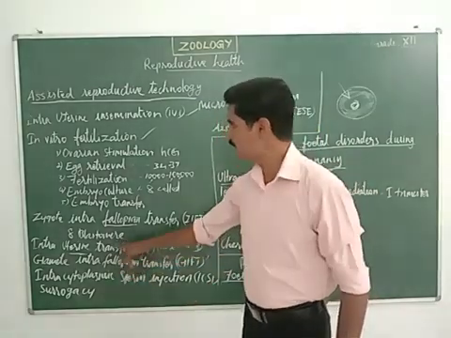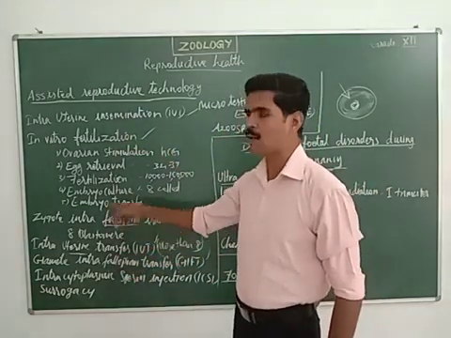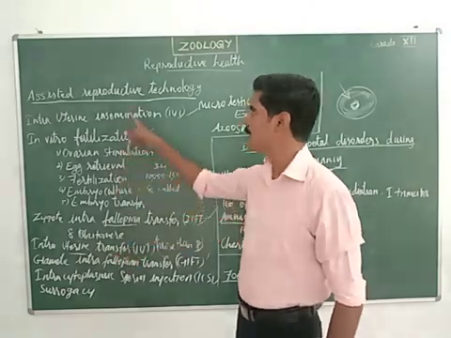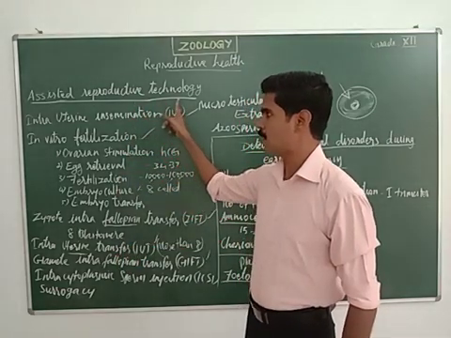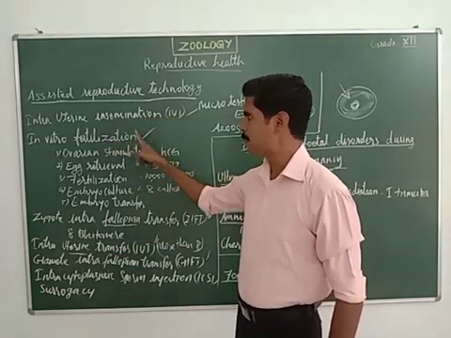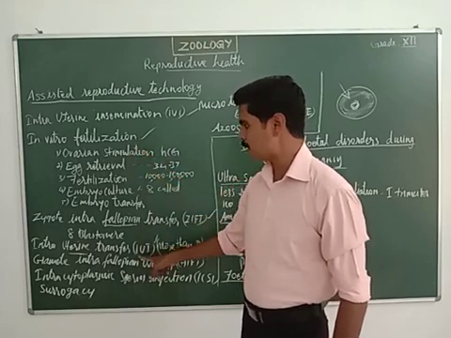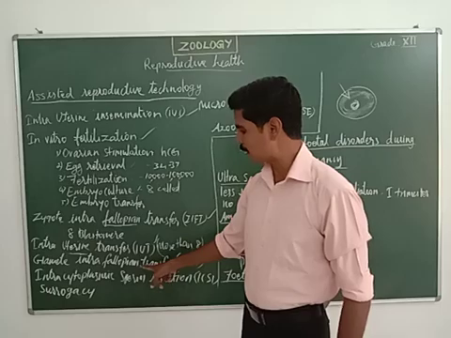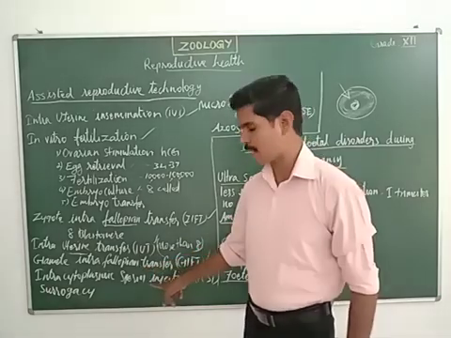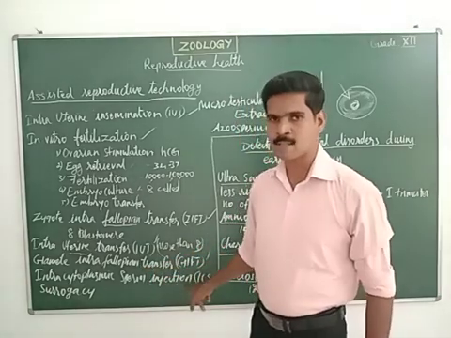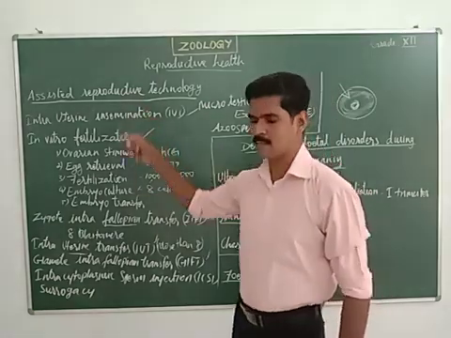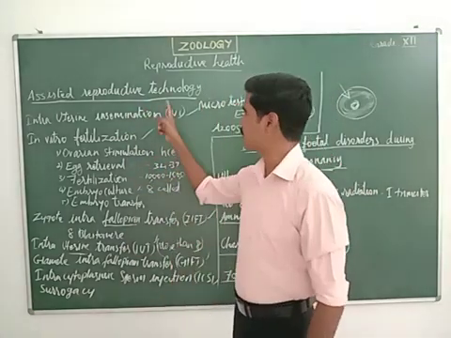These are some of the methods involved in assisted reproductive techniques: intrauterine insemination, in vitro fertilization, zygote intrafallopian transfer, intrauterine transfer, gamete intrafallopian transfer, and intracytoplasmic sperm injection. These are examples of assisted reproductive technology.